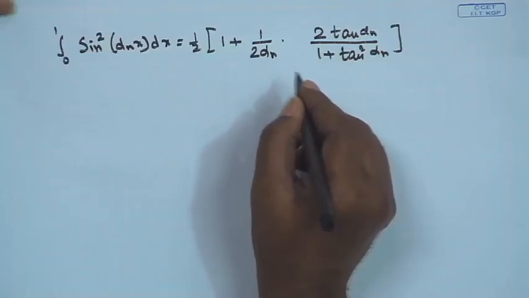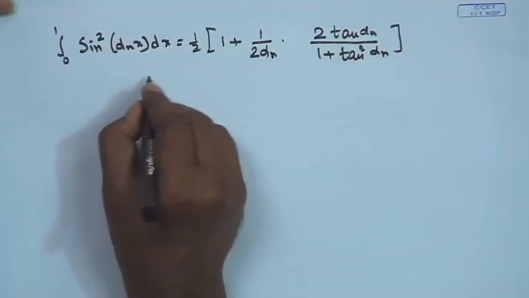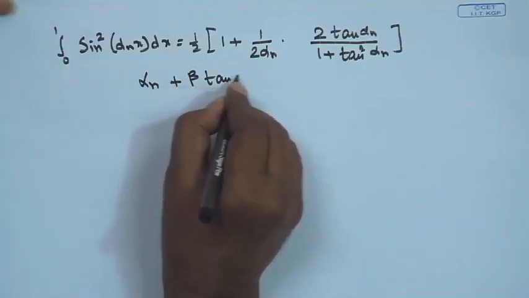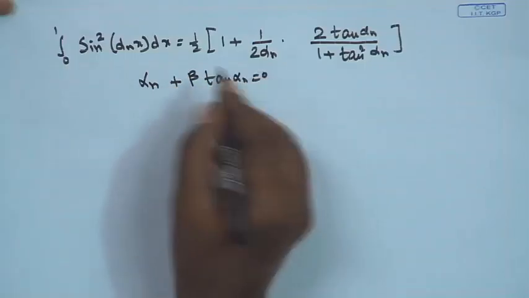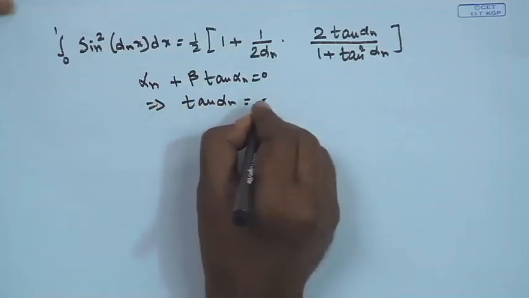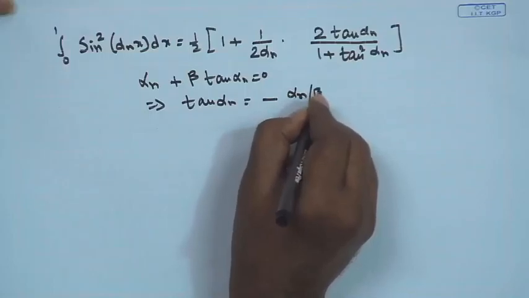we have seen that the eigenvalues will satisfy the governing equation alpha n plus beta tan alpha n equal to 0. So, therefore, tan alpha n can be written as minus alpha n divided by beta.